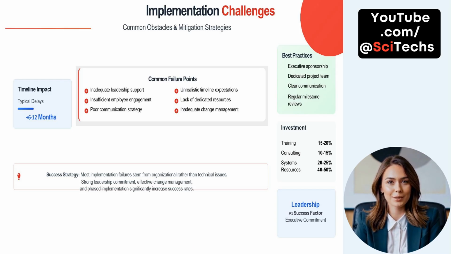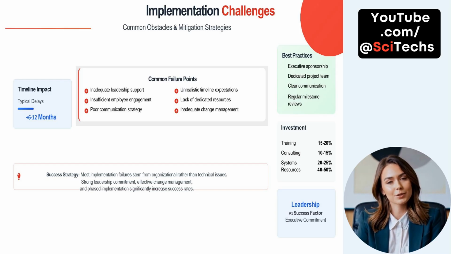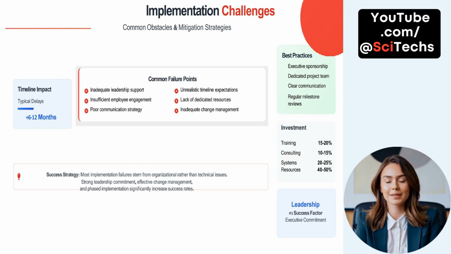To overcome these obstacles, several best practices are recommended. Executive sponsorship is crucial. It ensures accountability and drives momentum. Establishing a dedicated project team creates focus, while maintaining clear communication and holding regular milestone reviews helps keep implementation on track.